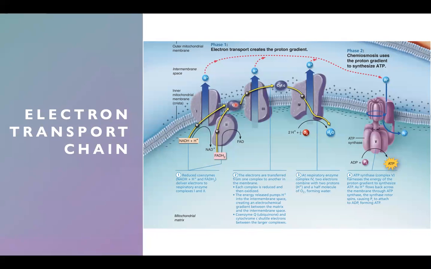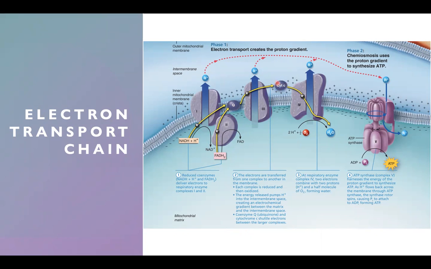Q stands for a coenzyme, ubiquinone, and cytochrome C stands for another kind of coenzyme, which helps to shuttle electrons between these larger complexes. And in your handout, you need to label this Q. It's lipid soluble, so you'll find it in the lipid membrane, and cytochrome C is not lipid soluble, so you'll find it on the exterior side of the membrane.